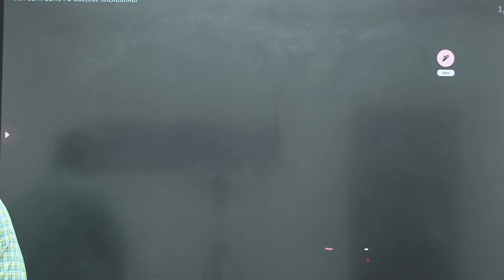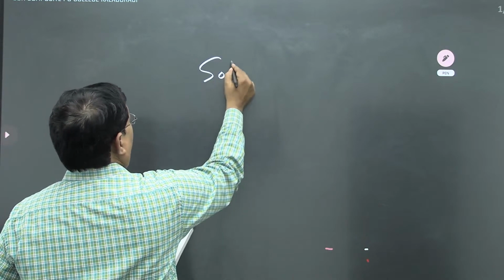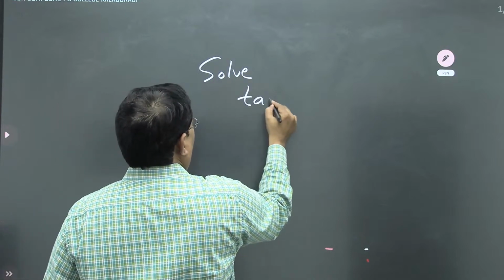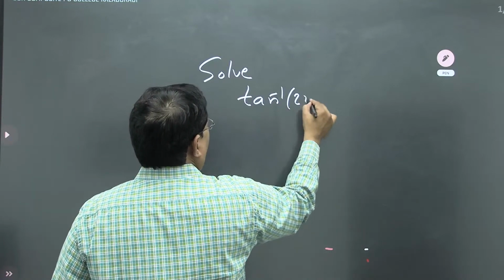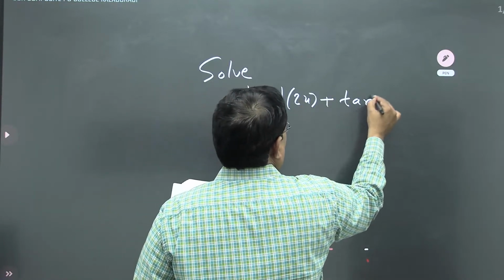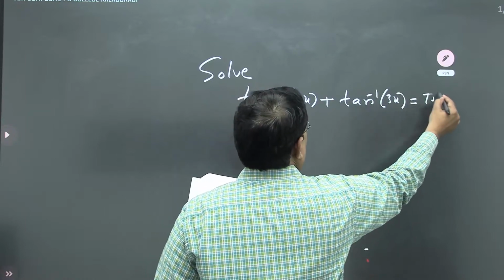Okay, next one more question. Solve tan inverse of 2x plus tan inverse of 3x equals pi by 4.